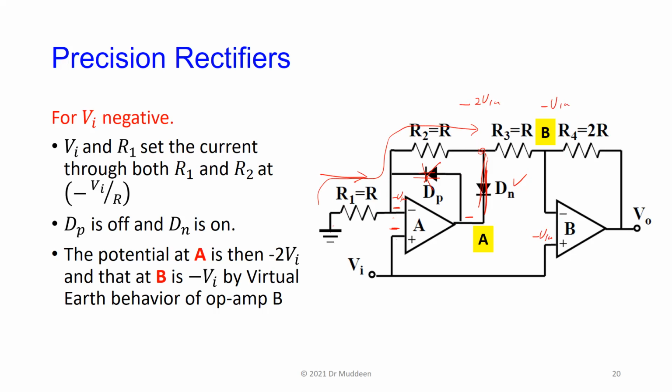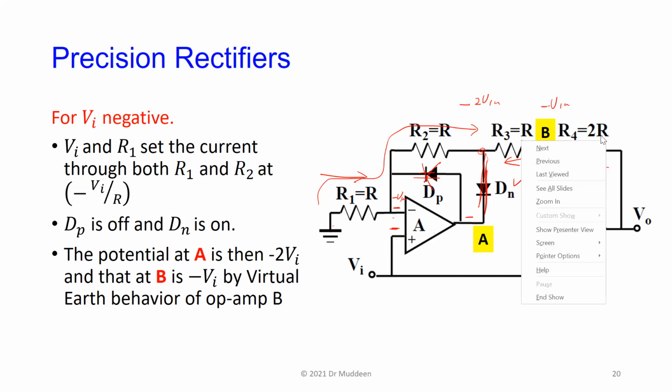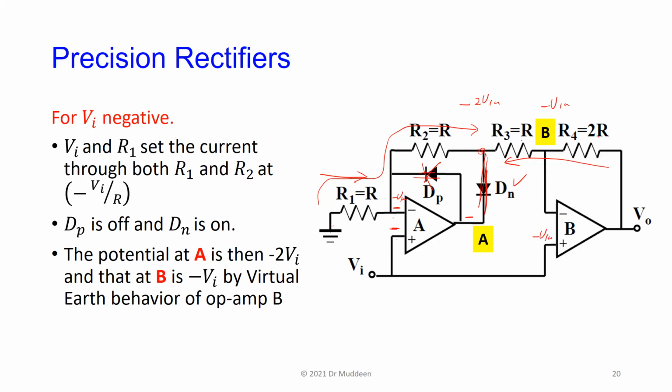So here's a little bit more positive, so we have current coming this way now. What is the current? The current is V in over R, but that is passing through a resistor of 2R. Therefore the voltage on this side is going to be plus 2V in here.